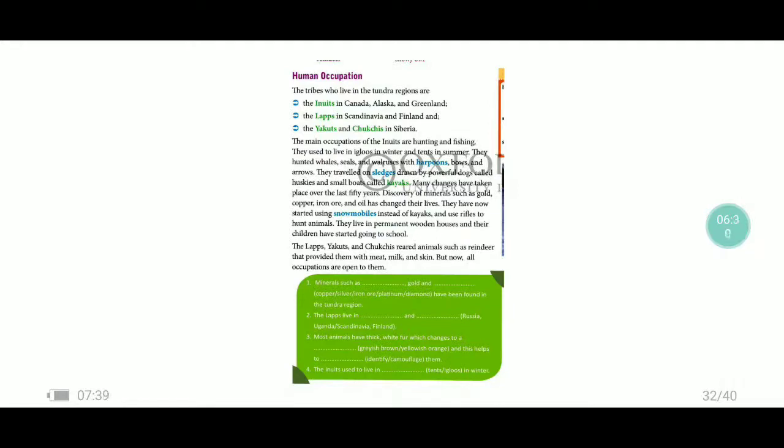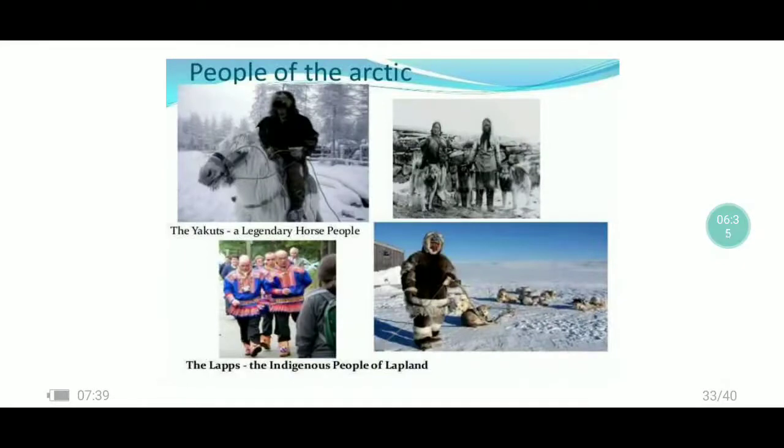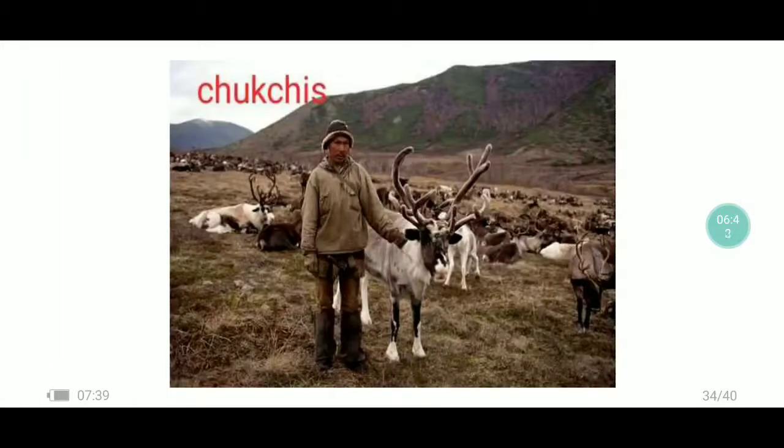The Yakuts and the Tuksis live in Siberia. The main occupation of these people is hunting and fishing. These people also rear animals like reindeers, which provide them with meat, milk, and skin.